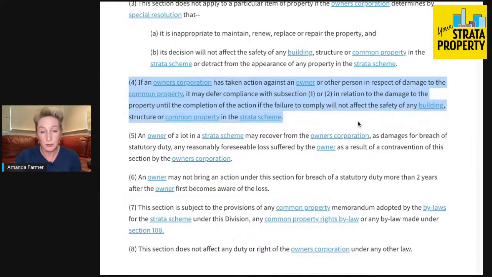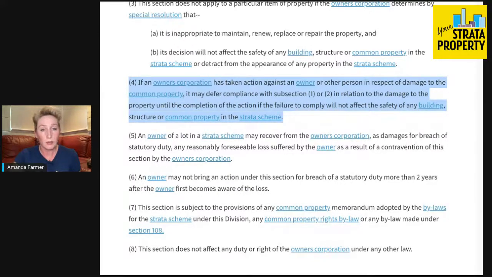A builder developer who is responsible for building defects would squarely fall within that definition of a person an owners corporation could be taking action against. Or if the property had been damaged by another owner, then perhaps the owners corporation could take action against that person, seeking orders that they fix the damage.